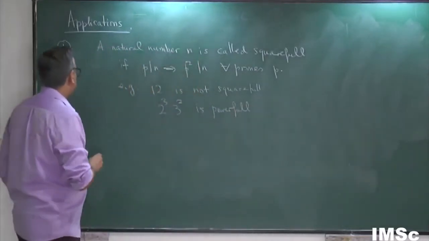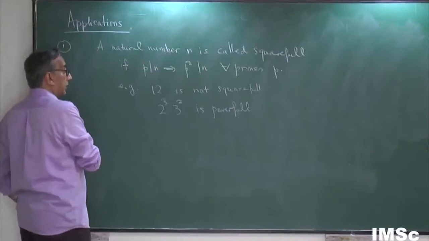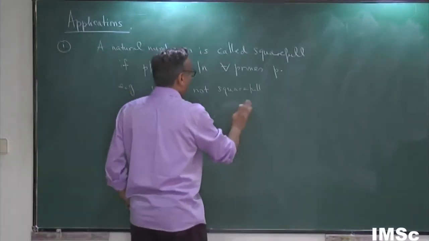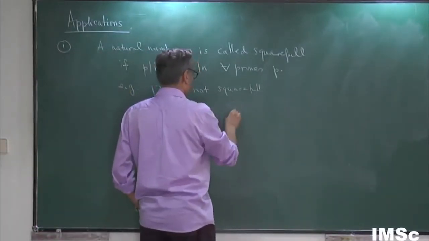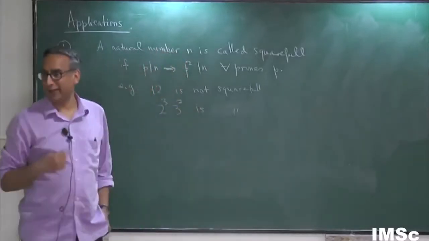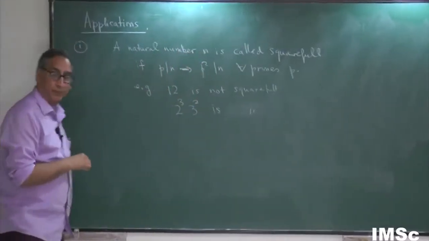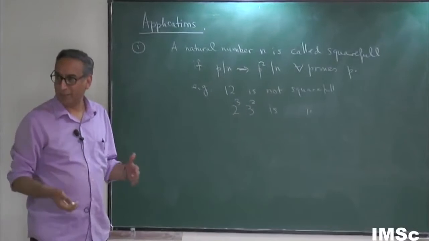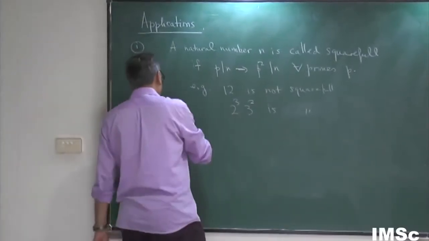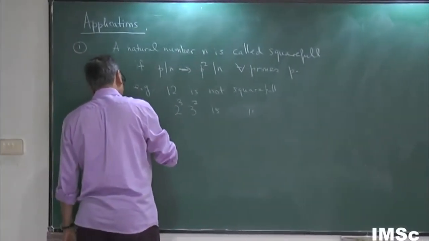So the problem is to count the number of squareful numbers. In the literature both these terms are used, squareful, powerful, they're both the same words, okay?